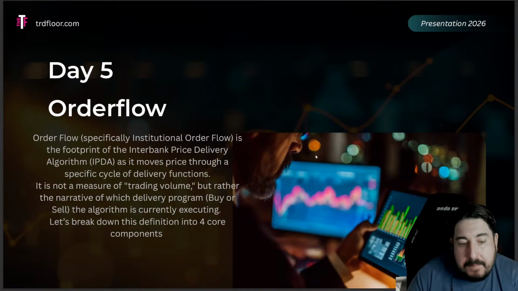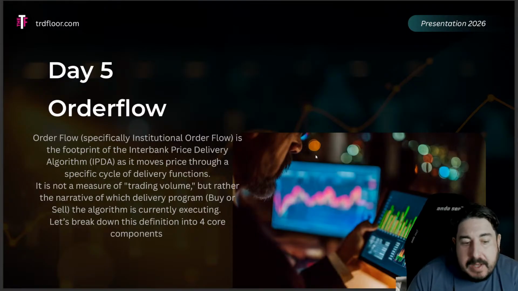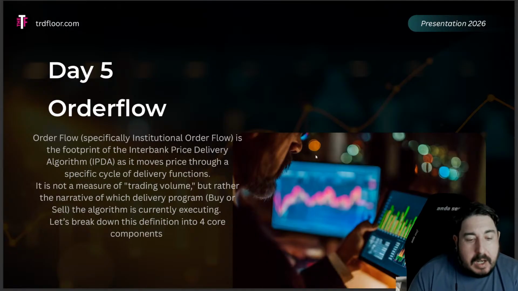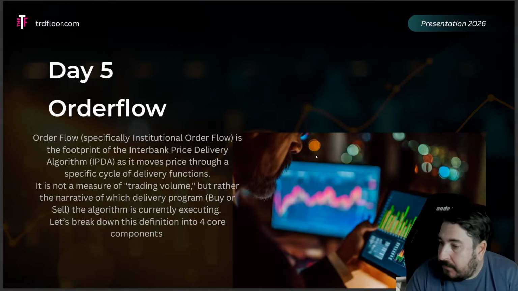It is not a measure of trading volume, but rather the narrative of which delivery program, buy or sell, the algorithm is currently executing. Let's break down this definition into 4 core components.